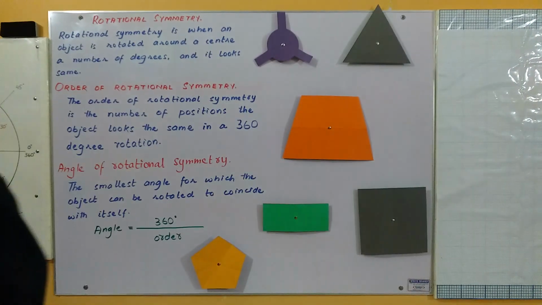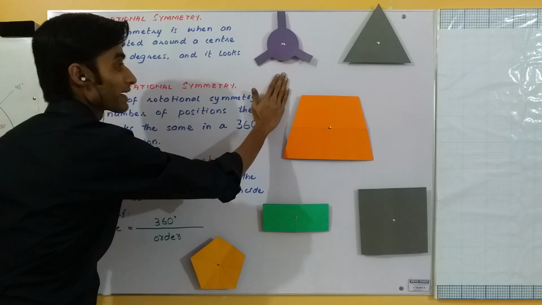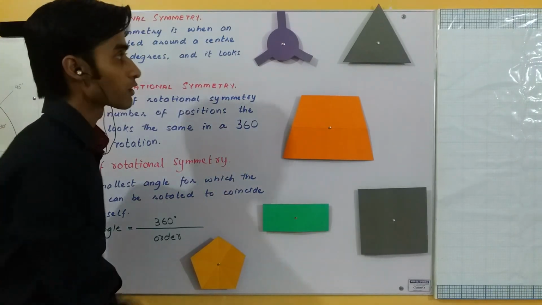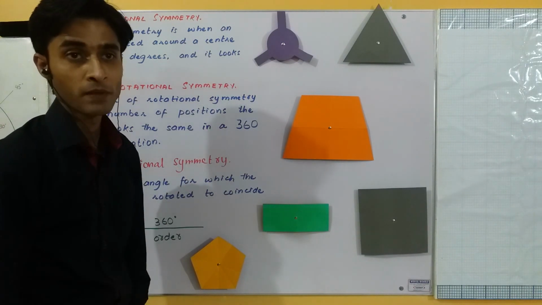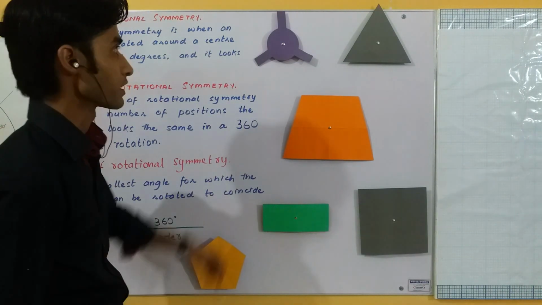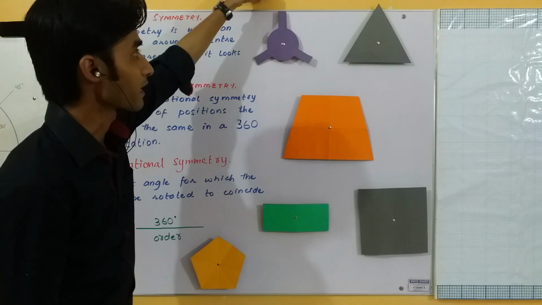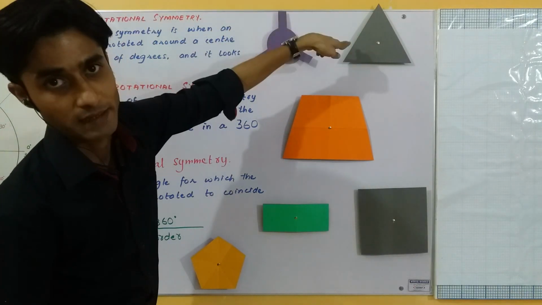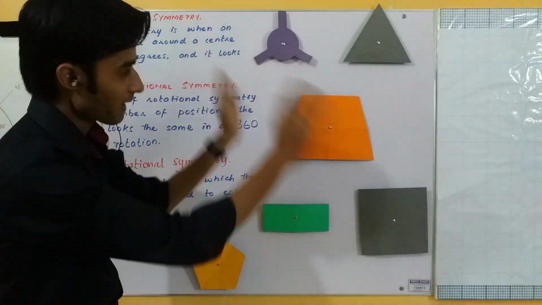What you have to do is note down the number of times it looks exactly the way it looks right now in one complete rotation. That will be called the order of rotation. For instance, I hold the top, I can rotate it clockwise or anti-clockwise, no matter, whichever way you want.